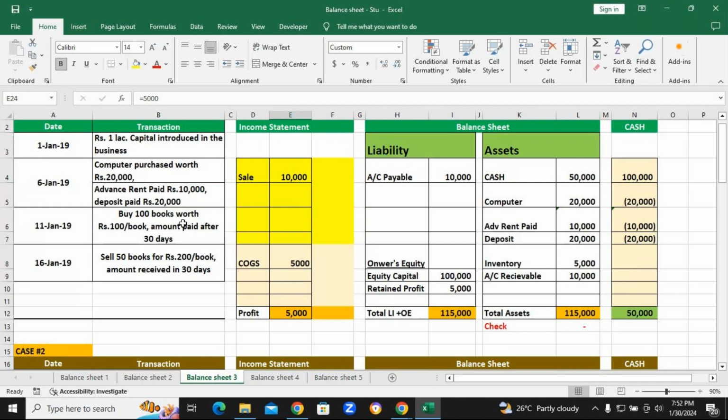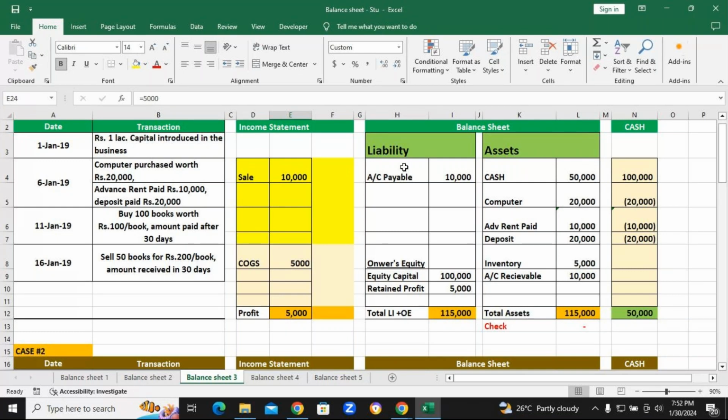So here you can see, I bought 100 books worth rupees 100, and the amount is paid after 30 days. So here I am not paying the amount, but I have bought the books. Here I sold 50 books at the rate of 200 and the amount is yet to be received. So I have not yet received it.